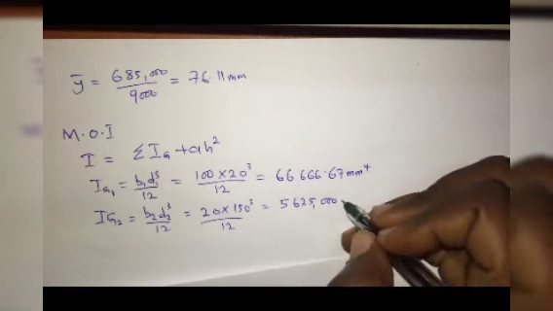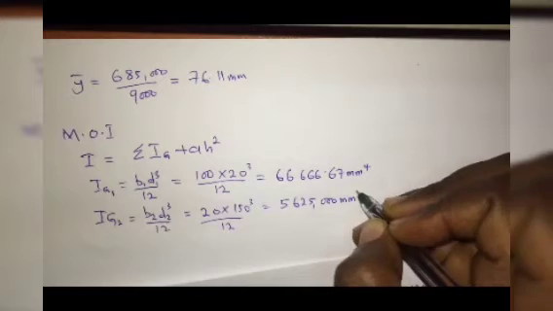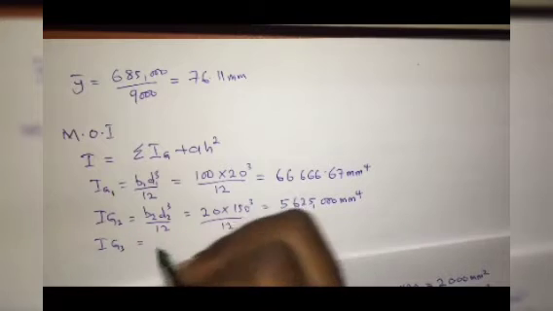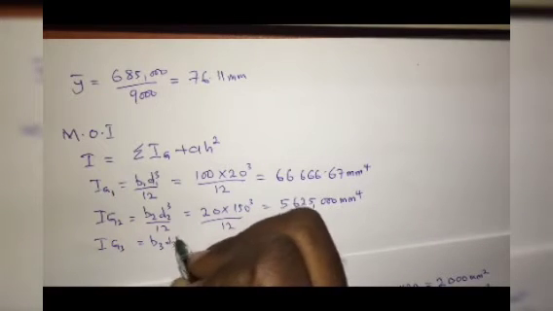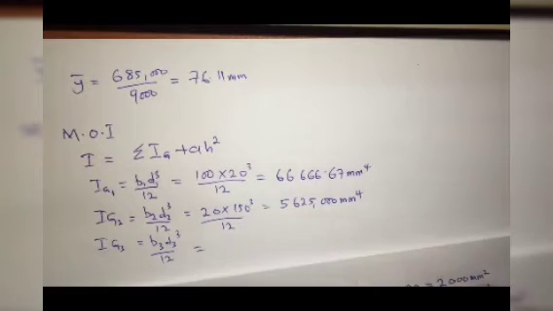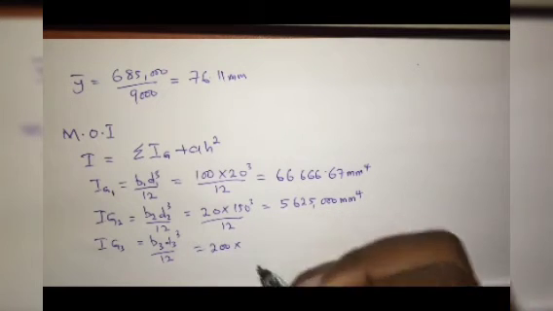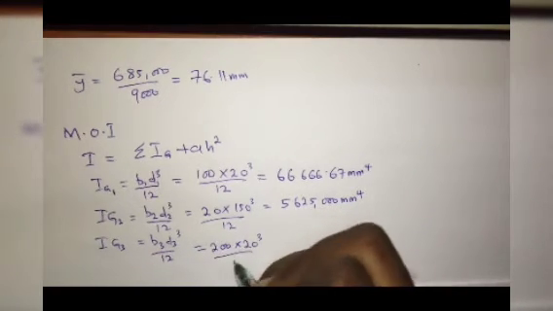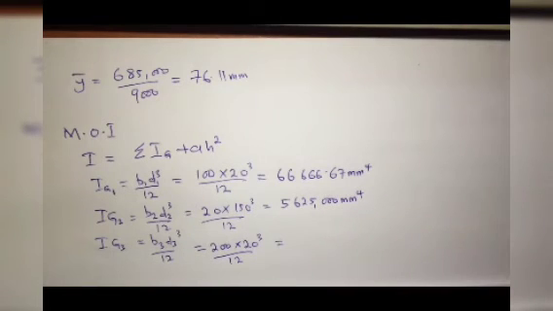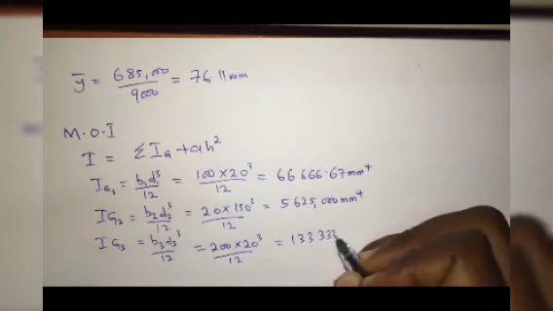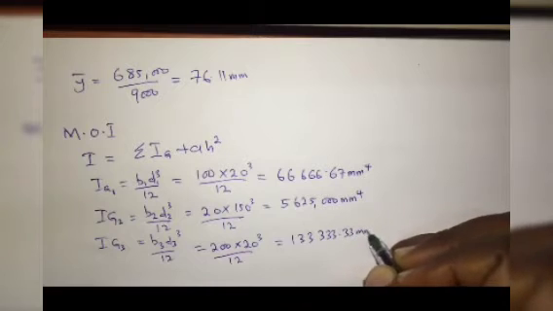Then for the last rectangle, the moment of inertia is 200 times 20 to the power 3 all over 12, which is equal to 133,333.33.